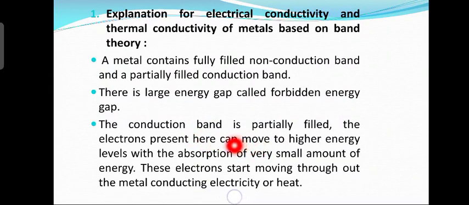Since the conduction band contains either partially filled orbitals or sometimes vacant ones, the electrons can jump to higher energy levels and move throughout the metal. As a result, they conduct electricity. Next slide, you can see energy along the y-axis.